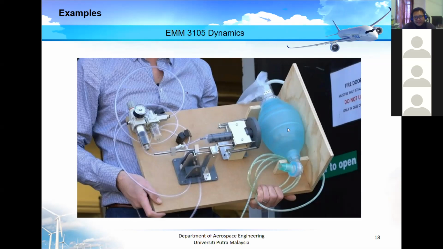I bought one actually to design this particular system, but I didn't complete the project. There is a specific name actually. The idea is to supply air to the patient who has a problem breathing. Okay, I forgot the correct name of this one.